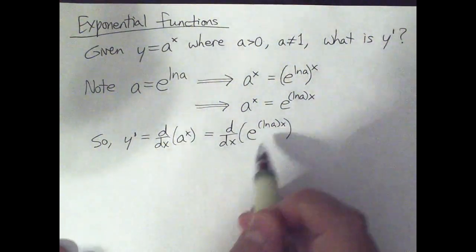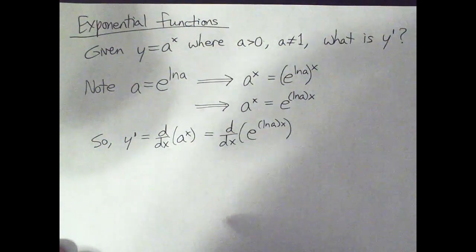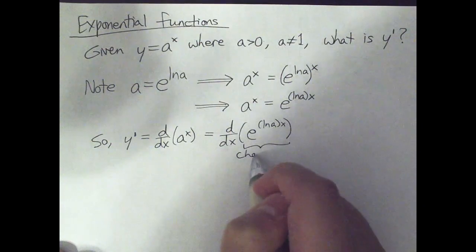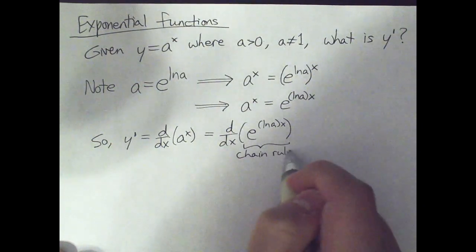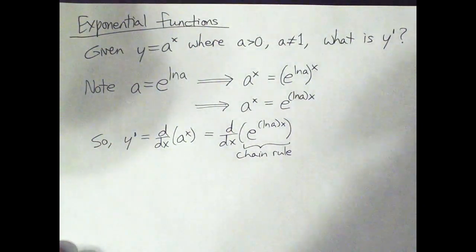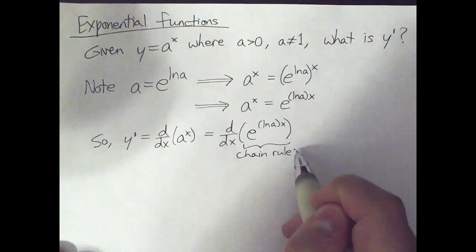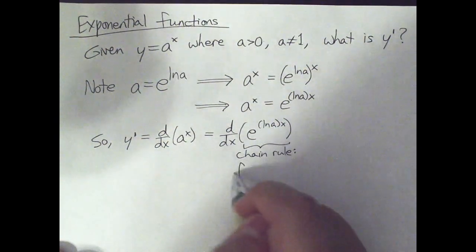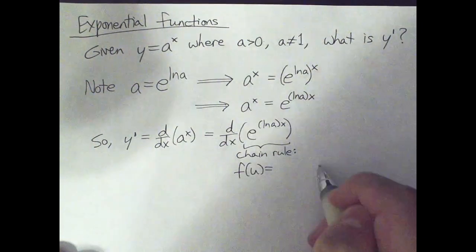What's useful about this weird form with the e to the ln a is that we can differentiate this using the chain rule. It's a function inside a function. So you know how I said sometimes the inner function is something that appears up in an exponent? That's what's happening here.